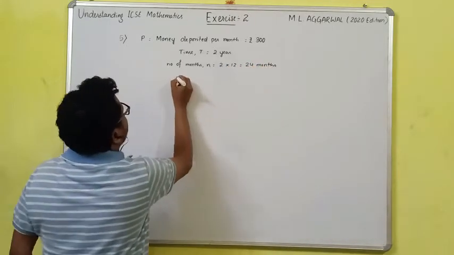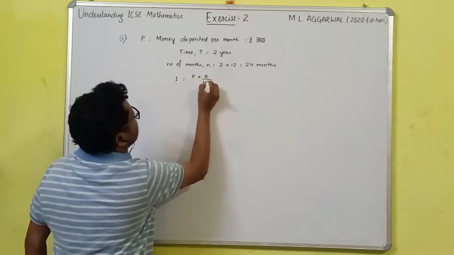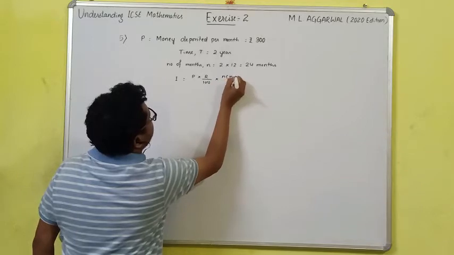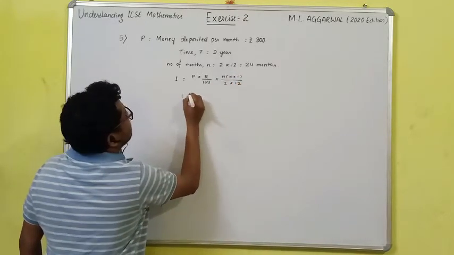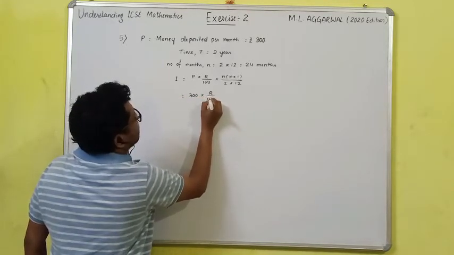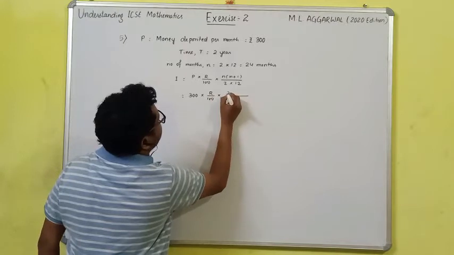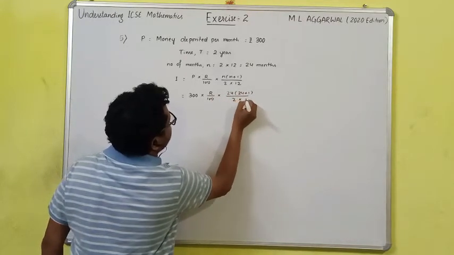Then you have to calculate I. I is equal to P into R by 100 into n(n plus 1) by 2 into 12. So here P is equal to 300, R we don't know, so you write R by 100, then n is 24 into 24 plus 1 by 2 into 12.